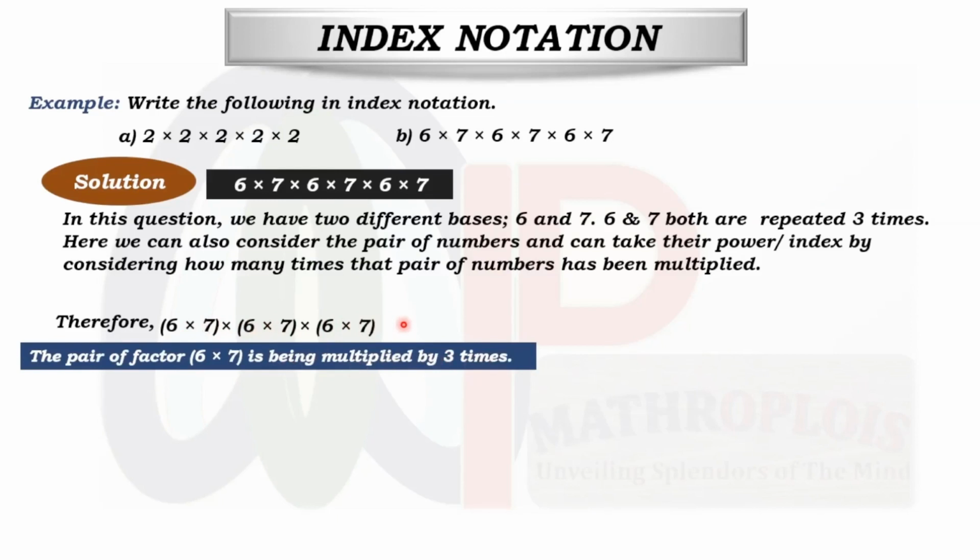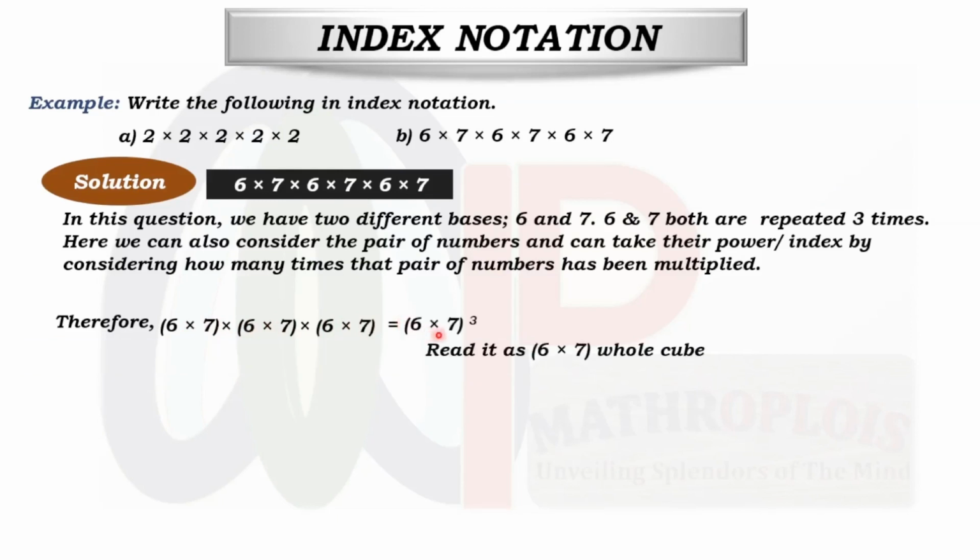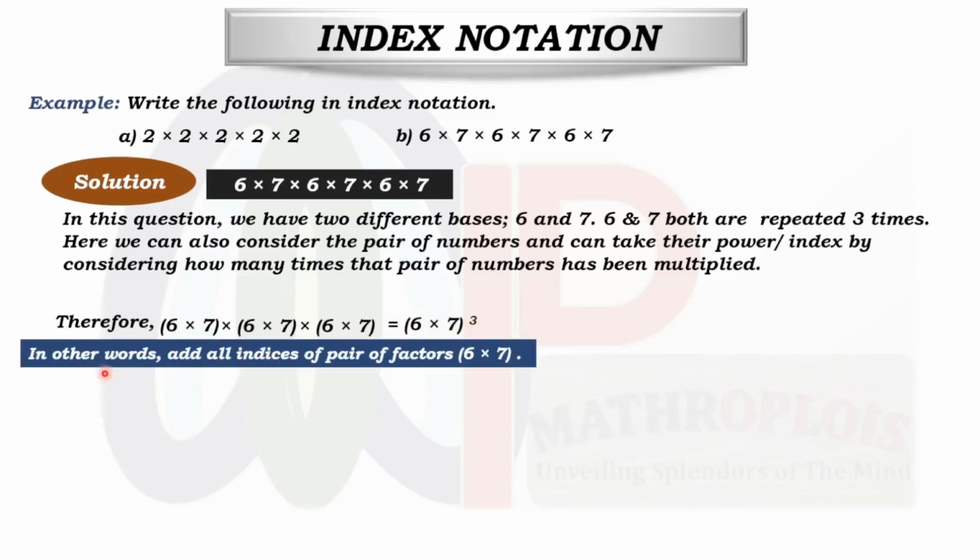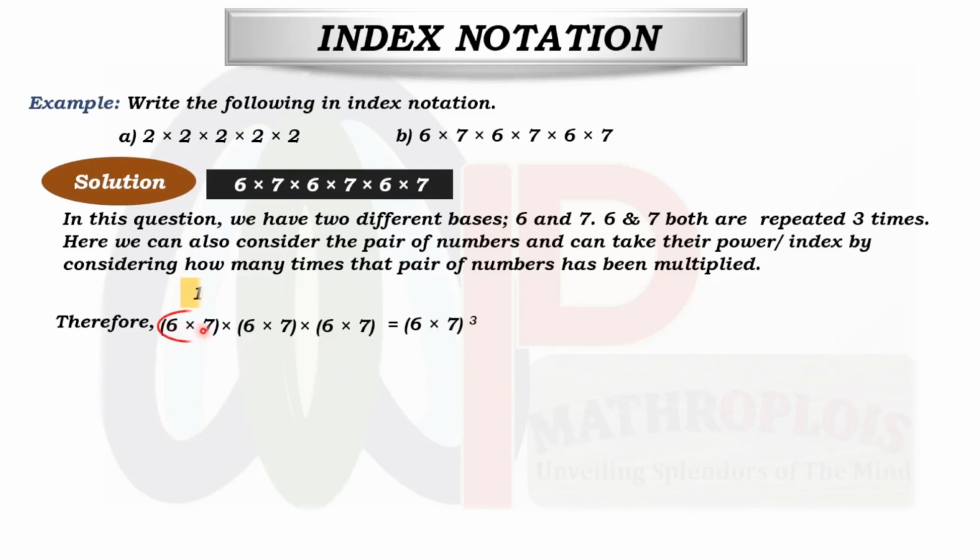So it is equal to 6 multiplied by 7, whole cube. In other words, add all the indices of the pair of factors 6 by 7. First pair of 6 multiplied by 7 has index 1. Second pair has index 1. Third pair also has index 1.